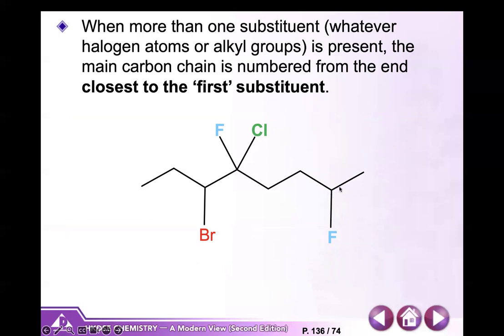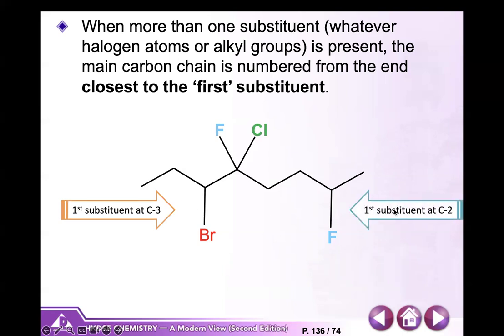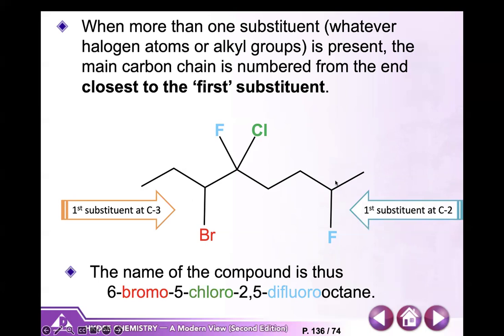So here the fluoro group will be treated as the first substituent instead of the bromo group. The fluoro group labels this carbon as 2. Although this one could be labeled as 3 and this one as 2, we choose 2. So it is 2,5-difluoro. The second carbon here, and the fifth carbon, contain fluoro groups.